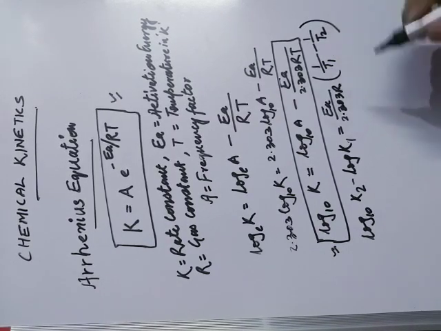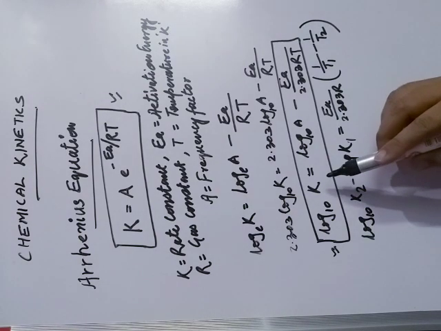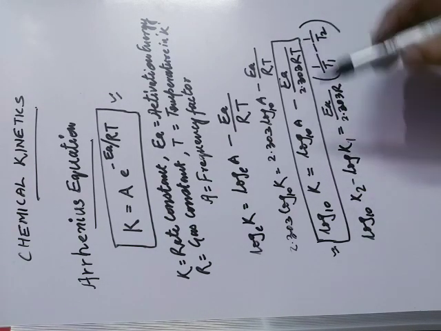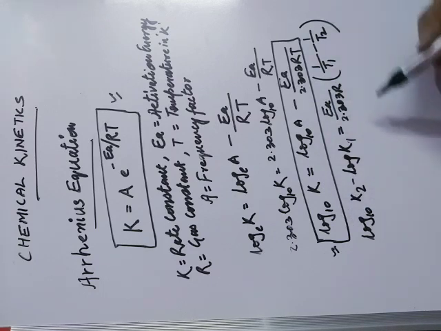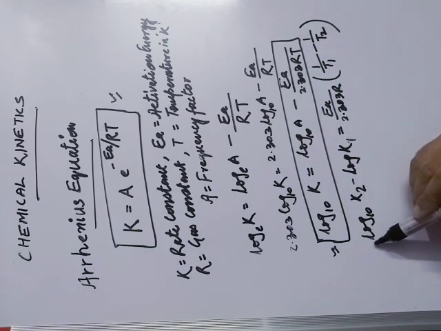If you write K1 here, it will be T1. If you write K2 here, it will be T2, and you will write K2 upon K1. Then you will get this equation.